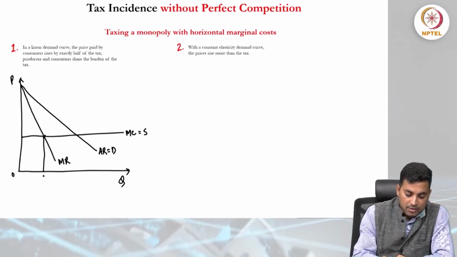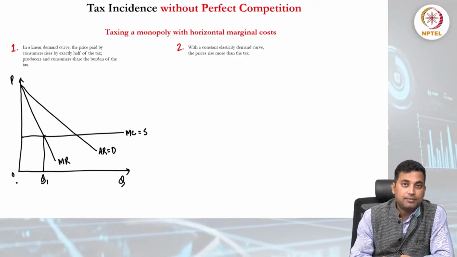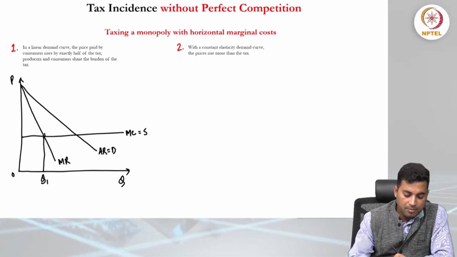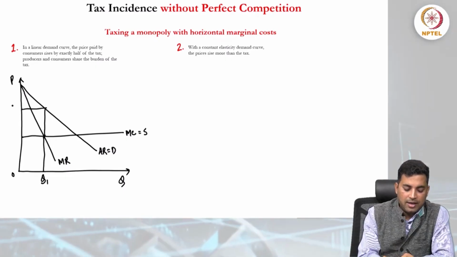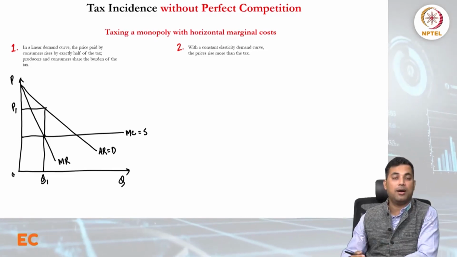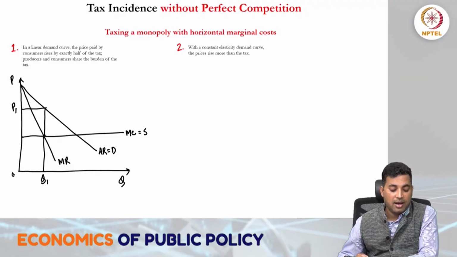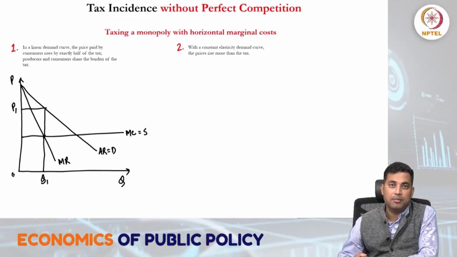So here is the point where marginal revenue intersects marginal cost. Along with this, OQ1 is the quantity demanded under monopoly, and OP1 is the price under monopoly.